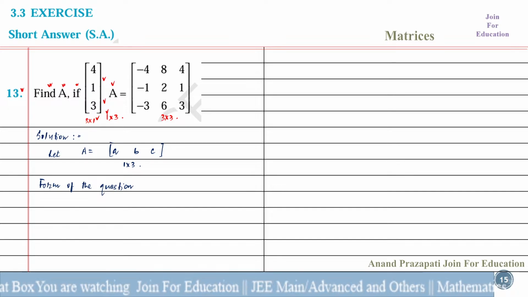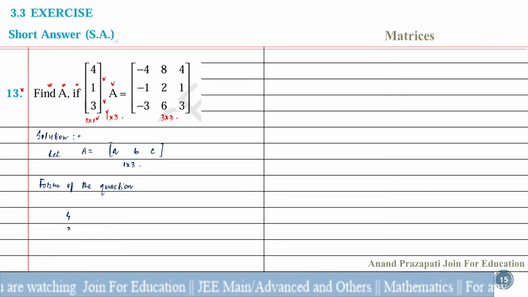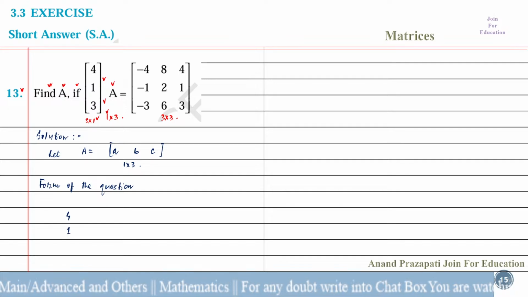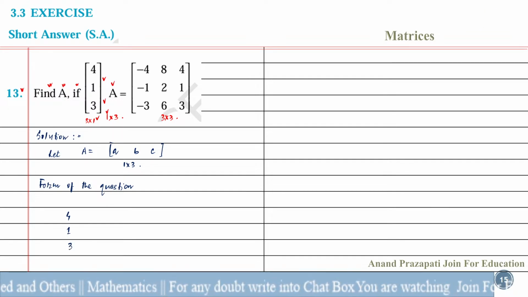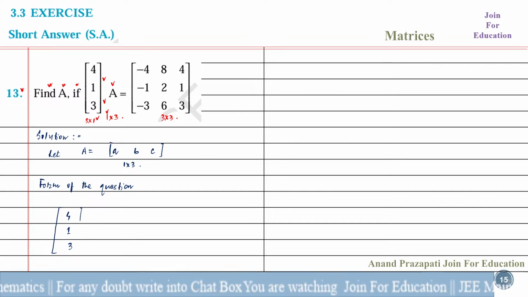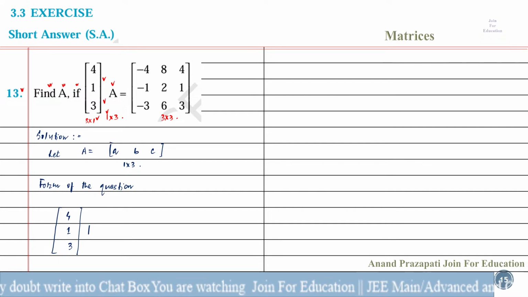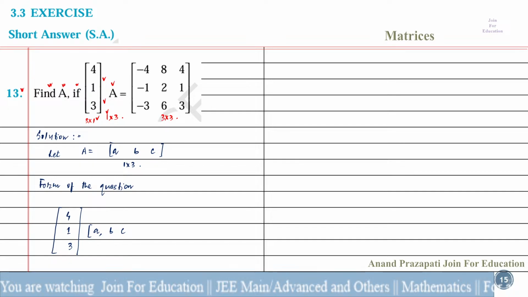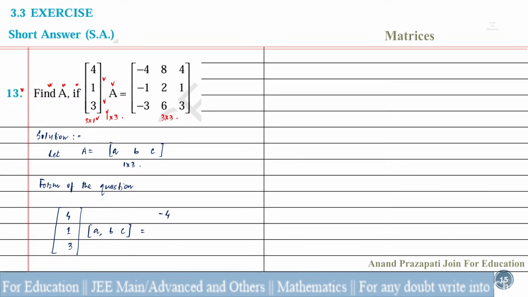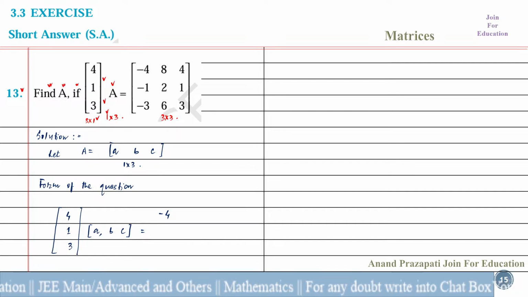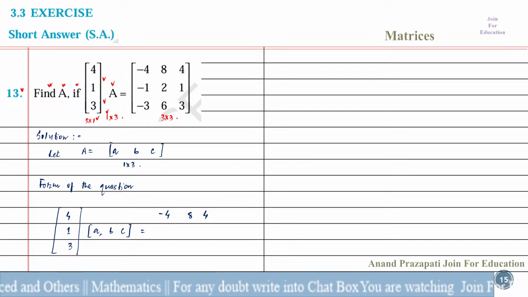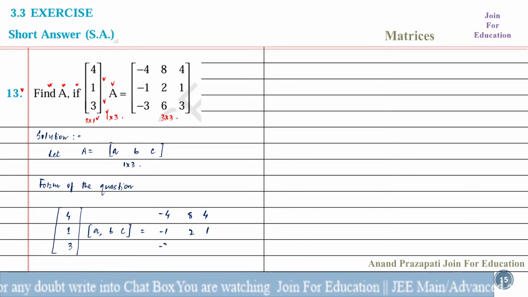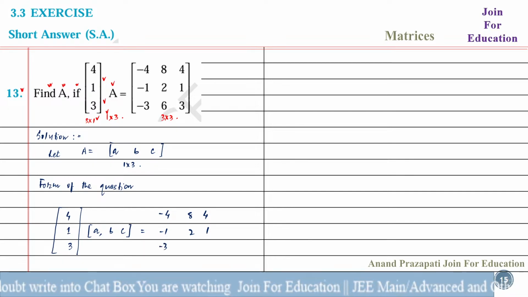We write down here 4, 3, 1, 4, 1, and 3 into A, B, and C equal to the given -4, 8, 4, -1, 2, 1, and -3, 6, and 3.